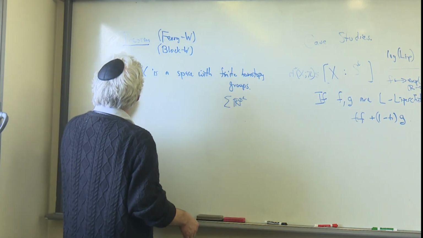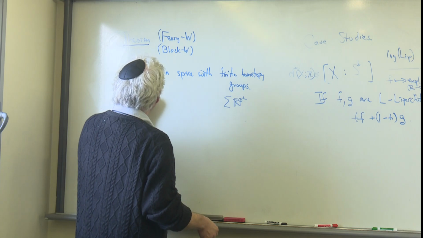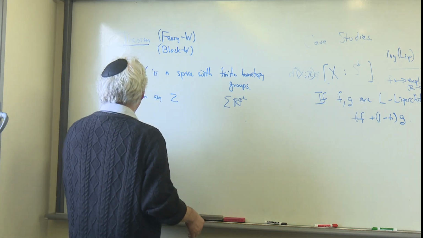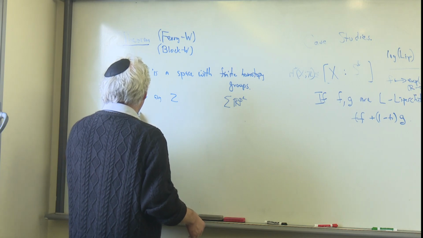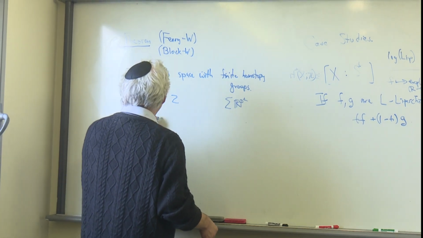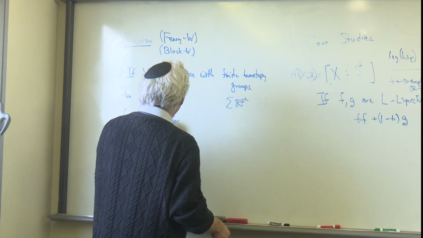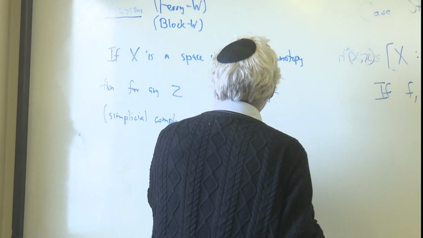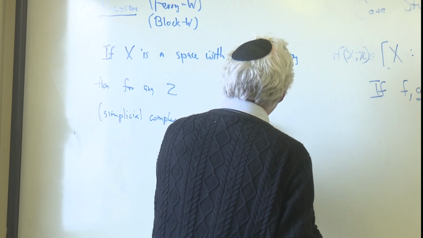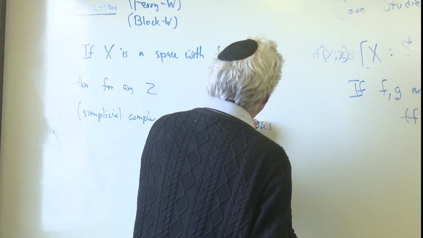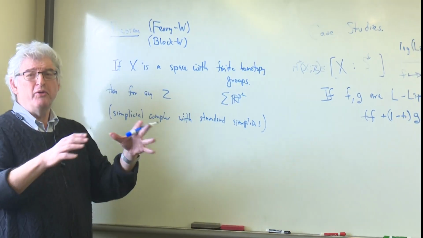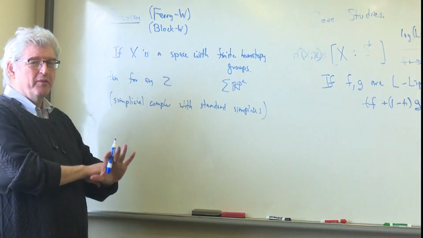Then, for any Z, which is, say, a simplicial complex with standard simplices, just if you want to think about how to metrize it, you just glue the simplices together, completely standard.